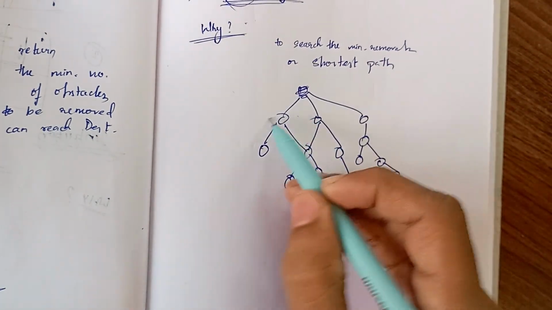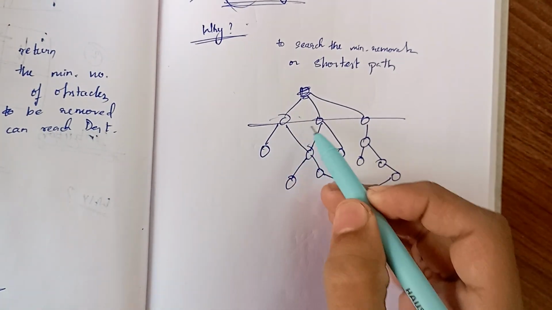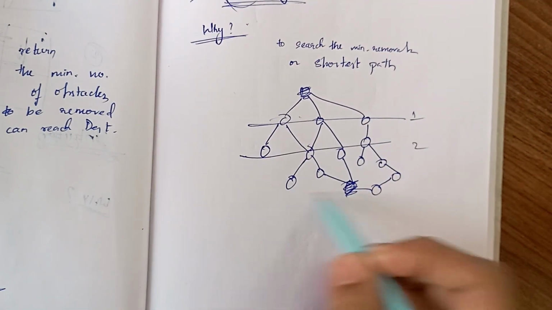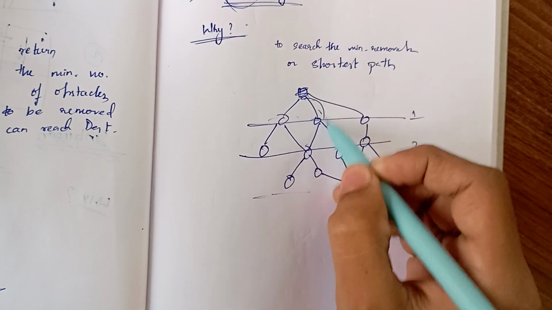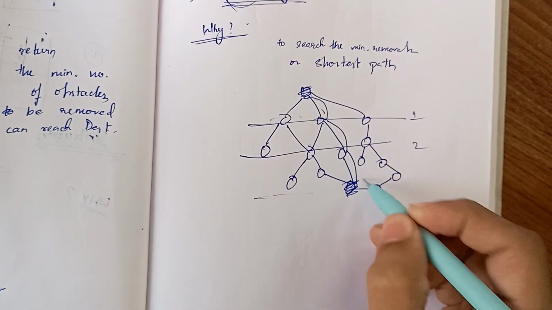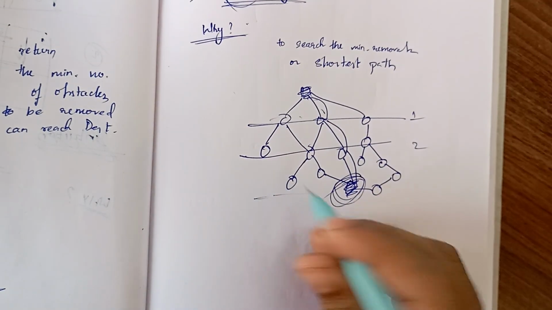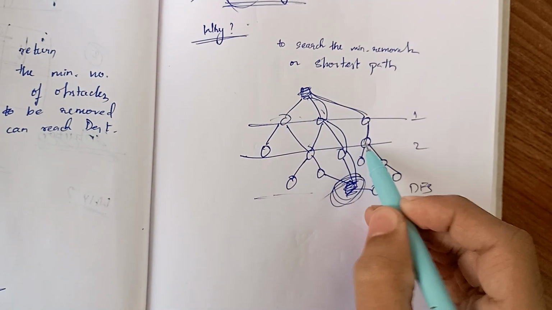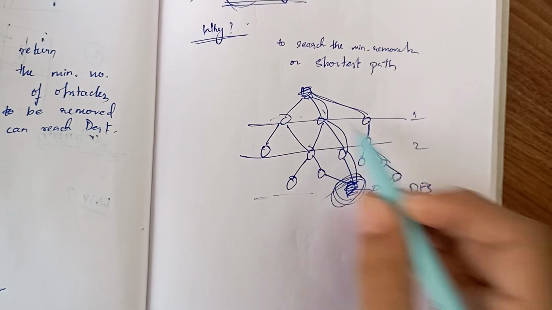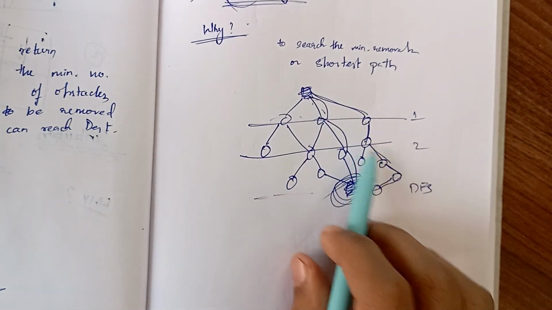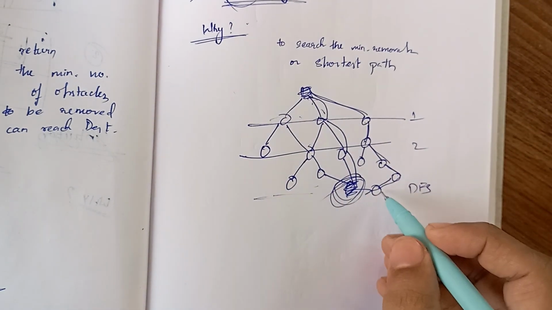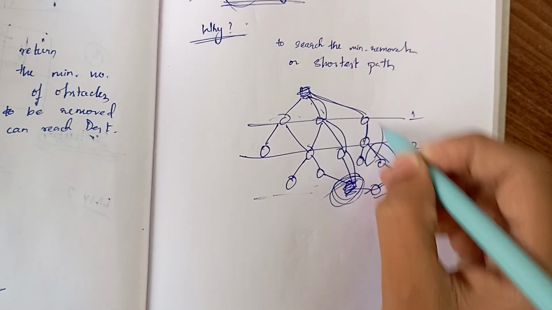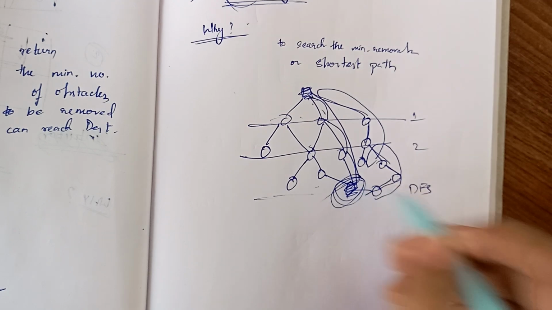You can go directly by breadth first search: one step here, second step here, and then in the third step we get our destination. But if you go with depth first search, you go here, here, here, and you will be getting 1, 2, 3, 4, 5, 6 steps, and then you need to go back and then to here.